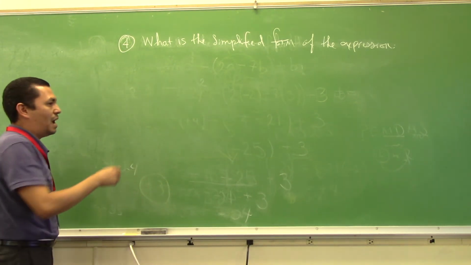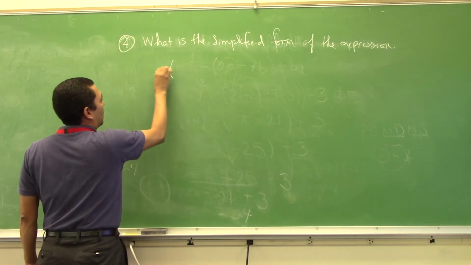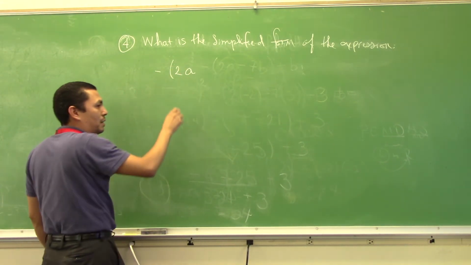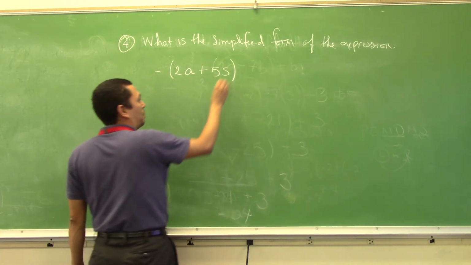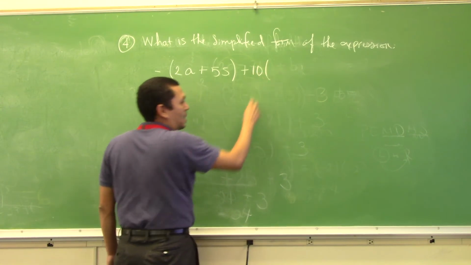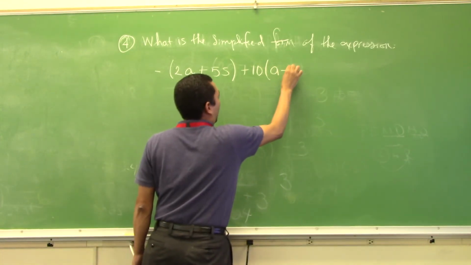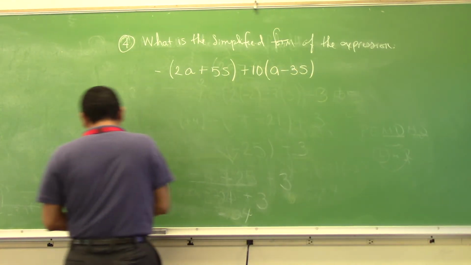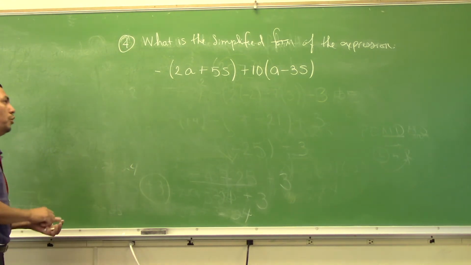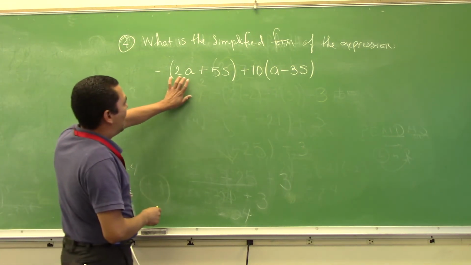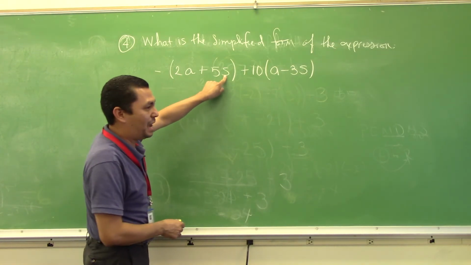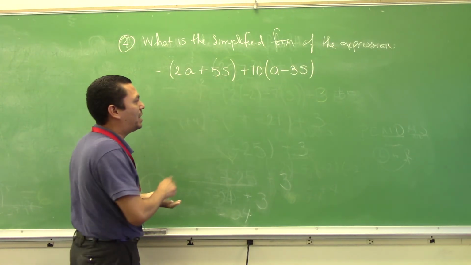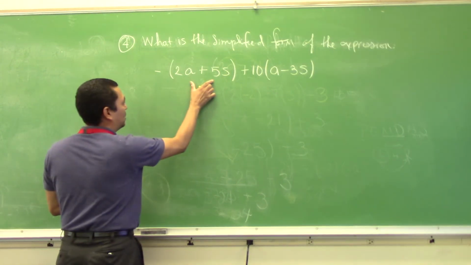In this case I had negative (2a plus 5s), and then I had plus 10(a minus 3s). So what we're going to do, I cannot add these two because this is 2a and this is 5s, so the variables are different, so I cannot do anything yet inside this parenthesis.